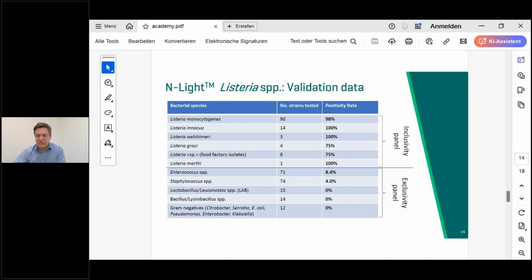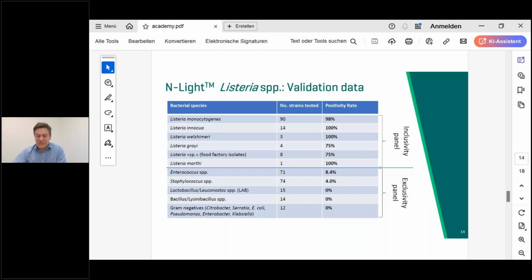Listeria innocua, we had 14, all of them positive. Listeria welshimeri, only 3, but also 100% positive. And one Listeria ivanovii strain positive, and also not further characterized food isolates, where we only know it's not L. mono, it must be some other spp species, 75% were positive.